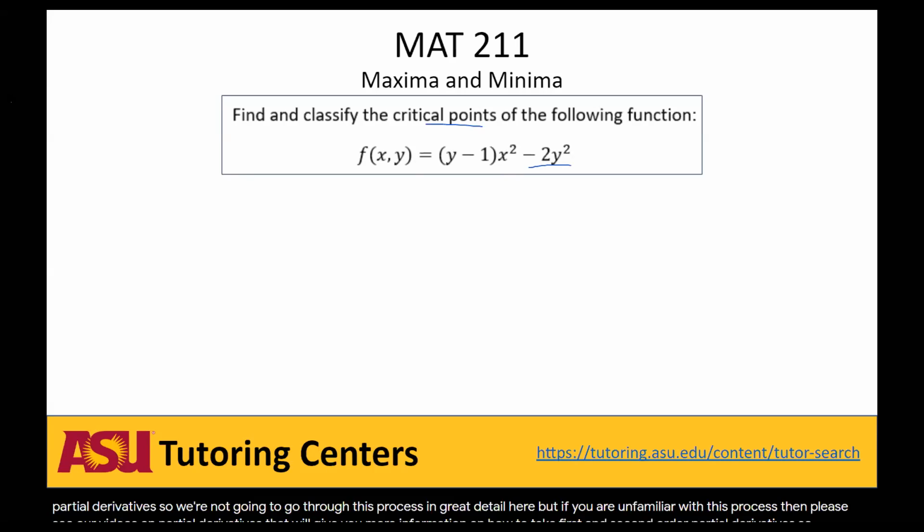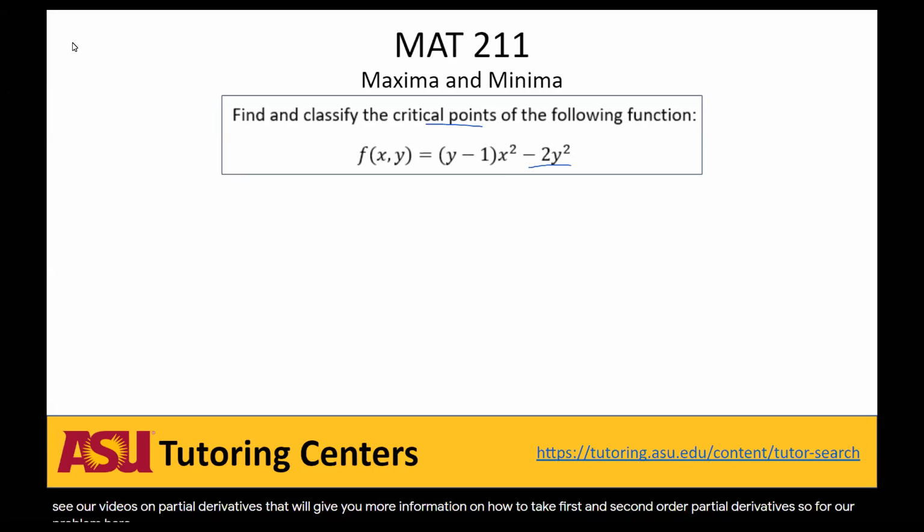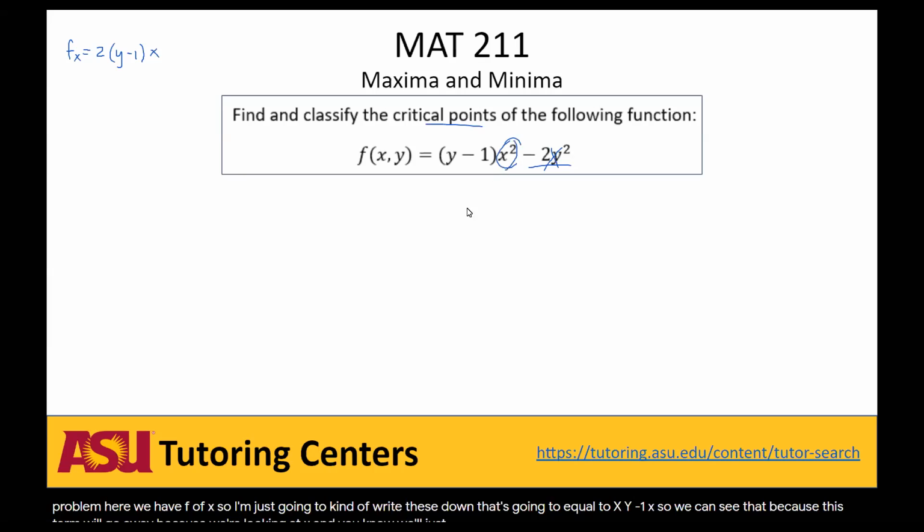So for our problem here, we have f of x, so I'm just going to write these down. That's going to equal 2 times y minus 1 times x. We can see that because this term will go away because we're looking at x, and we'll just be taking the partial derivative of this term. This term will be treated as a constant.